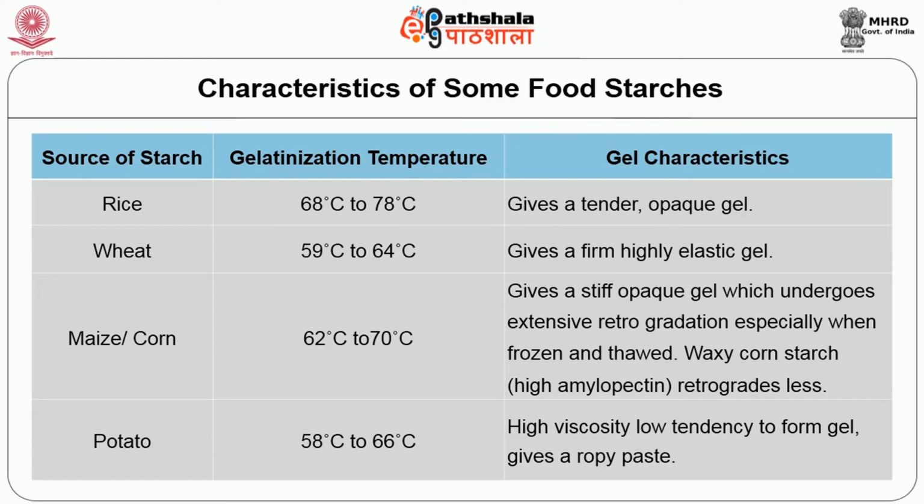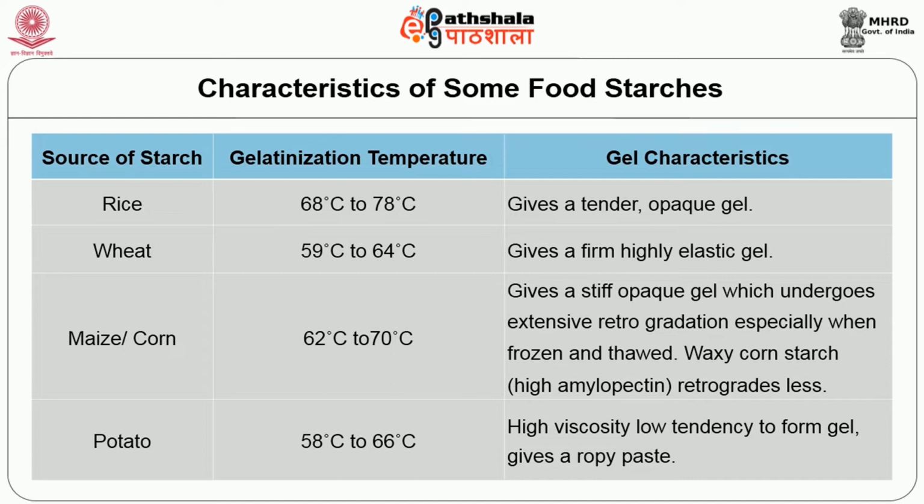When wheat is cooked at a temperature of 59 degrees Celsius to 64 degrees Celsius, it gives a firm, highly elastic gel. When maize or corn is gelatinized at 62 degrees Celsius to 70 degrees Celsius, it gives a stiff opaque gel which undergoes extensive retrogradation, especially when frozen and thawed.